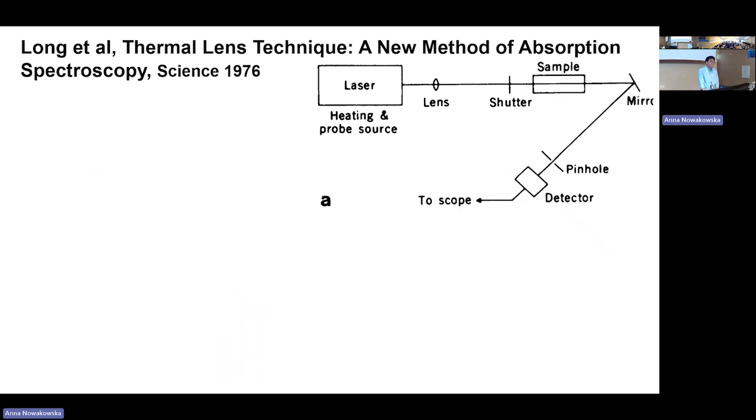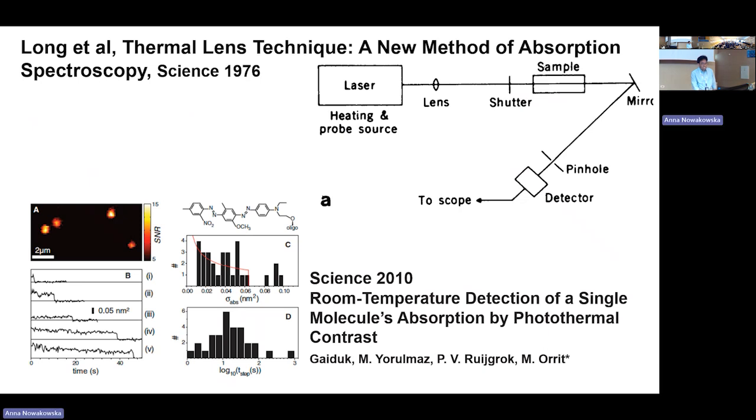This was initially developed in the 1970s as a very sensitive way to do absorption spectroscopy by chemists. Then in 2010, Michel Orrit, a pioneer of single molecule fluorescence spectroscopy, showed that with photothermal you can measure the absorption of a dye molecule with single molecule sensitivity.